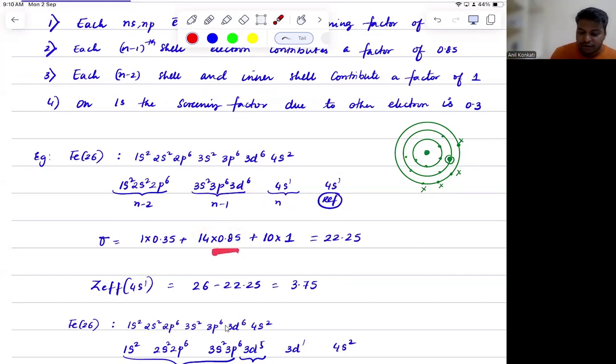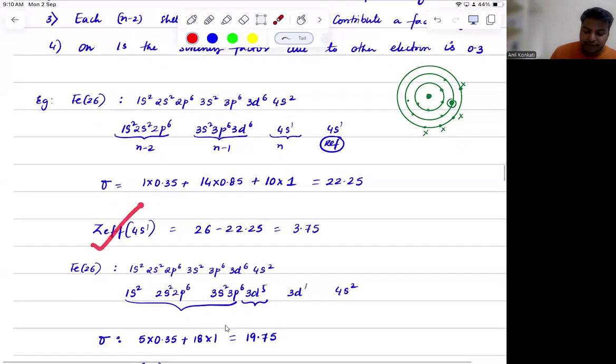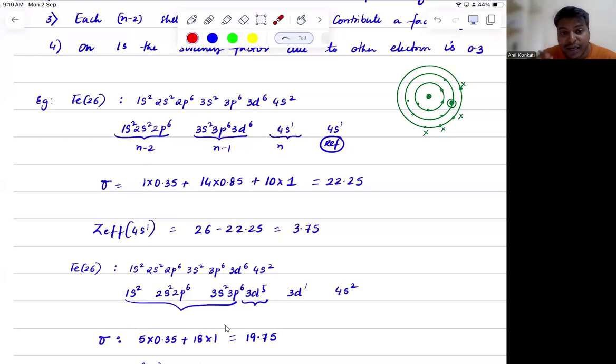And how much will they contribute? 0.85 each. Then n minus 2: how many do we have? 10 electrons, and each contributes 1 unit. So how much is the screening factor? 22.25. That makes Z effective 26 minus 22.25, which is 3.75. The last electron is only getting an attraction of 3.75 protons. Everybody understood this logic?